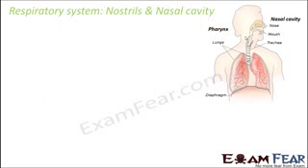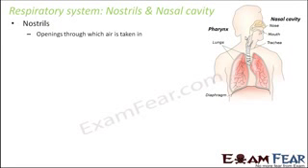So let us start our discussion with the nostrils and nasal cavity. Nostrils are the openings through which air is taken in. If you look at your nose, you see two openings. They are the nostrils.